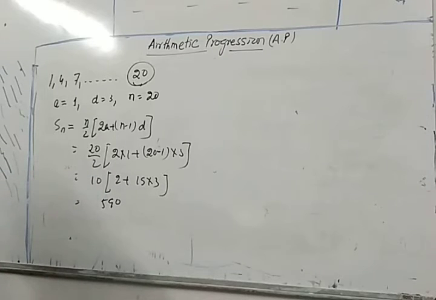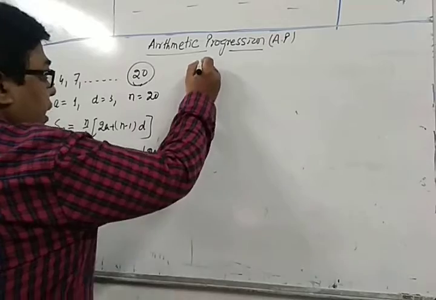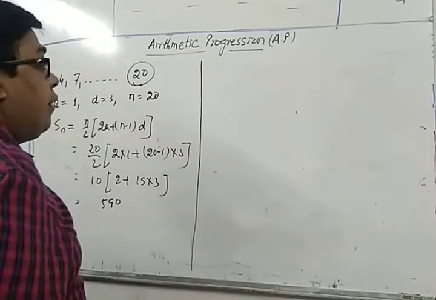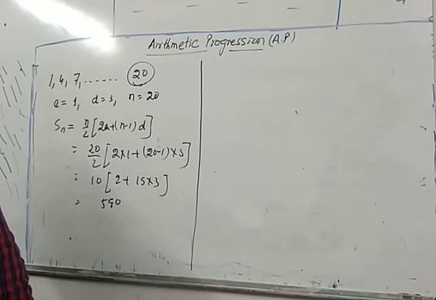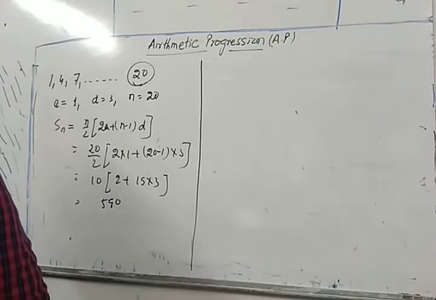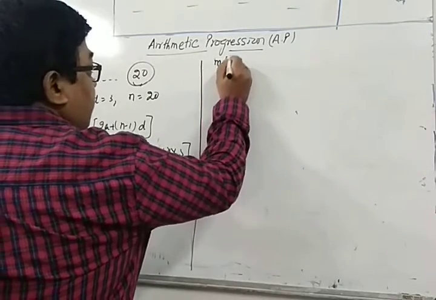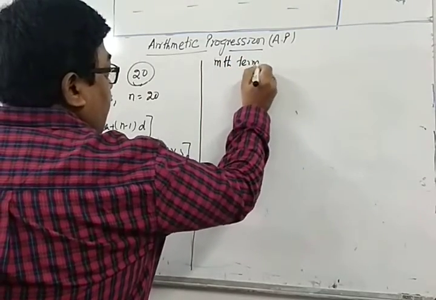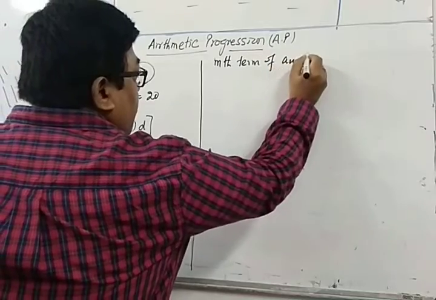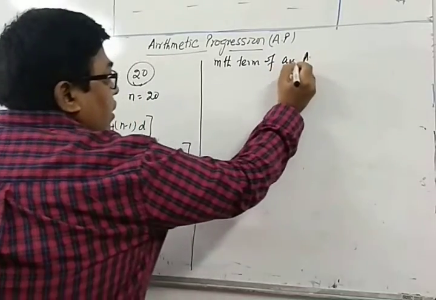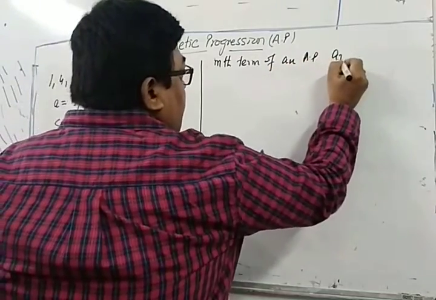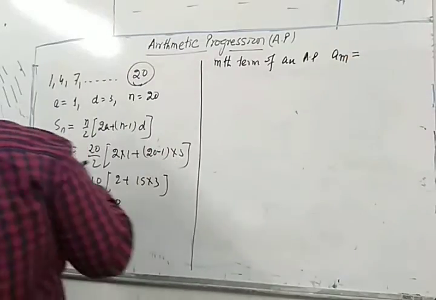Now I am taking another question, an application of the sum, similar to the previous question. The mth term of an AP, a_m, is 1 upon n, and the nth term of the AP, a_n, is 1 upon m.